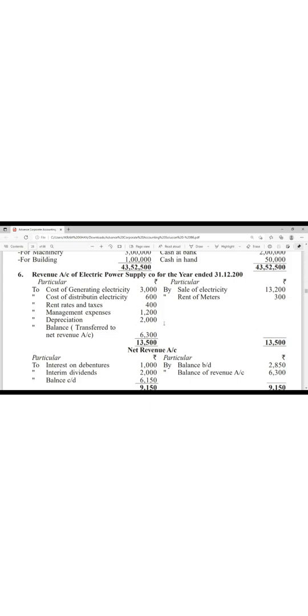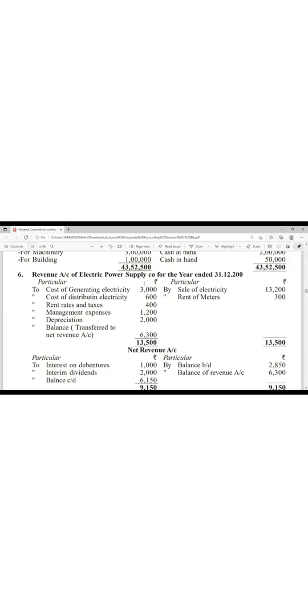When we come to the debit side, the total of the items would be 3,000 for electricity generation, then 600 for distribution, then rent and taxes 400, then 1,200 for management expenses, and 2,000 is the depreciation.